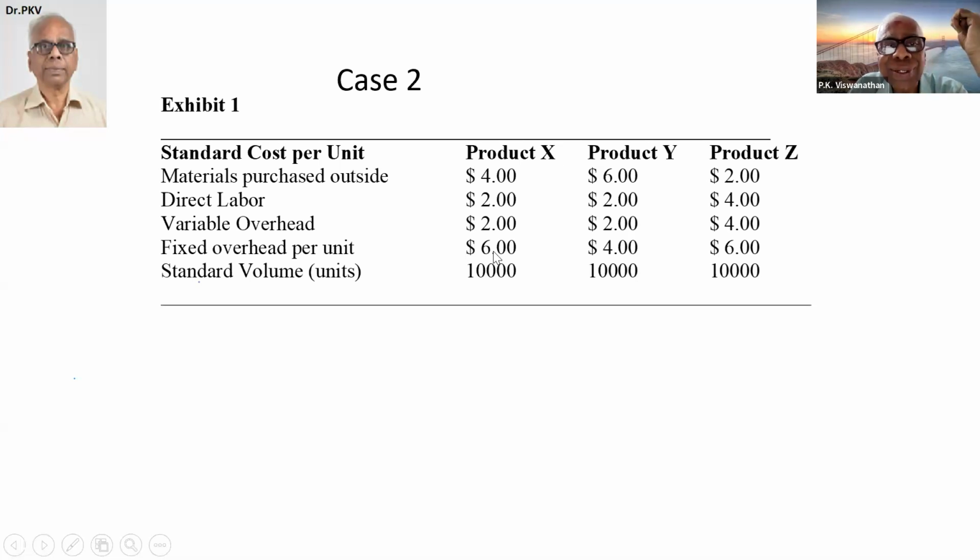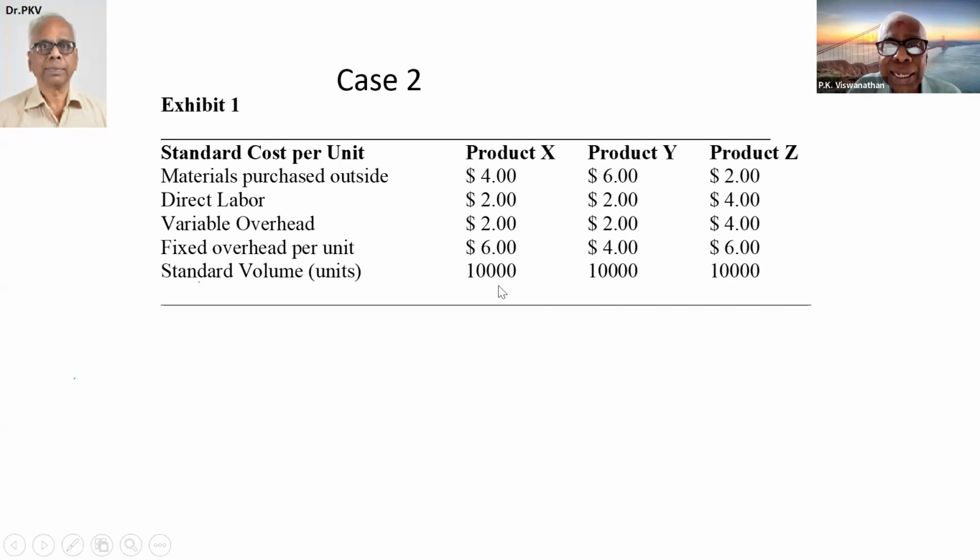Now, fixed cost per unit, no doubt it is worked out, but on the basis of a plant, when it is designed, it will produce 10,000 units. That means, based on this 10,000, the fixed part, I am dividing by 10,000 and getting 6.